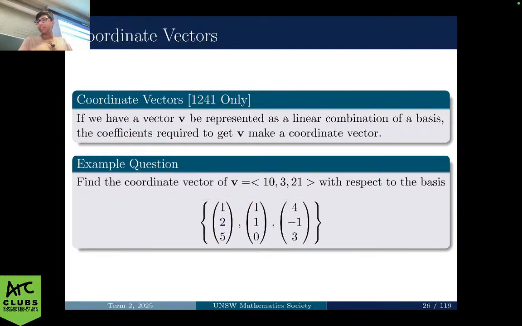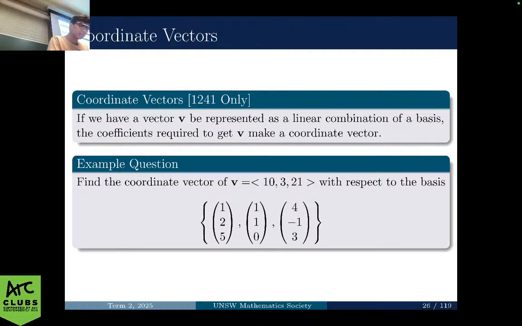Well, what does that mean? Essentially it is just saying that I have this basis, and I want some amount of this vector, some amount of this vector, and some amount of this vector to get me this.